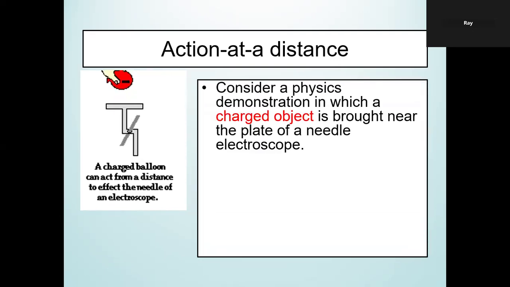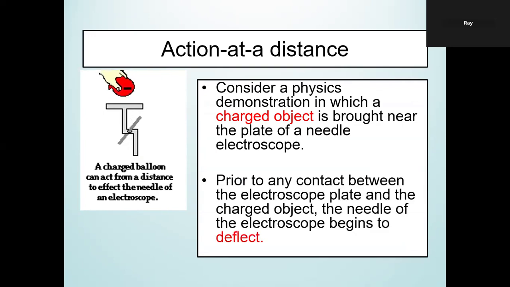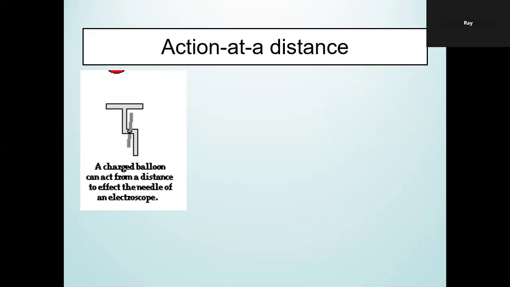Consider a physics demonstration in which a charged object is brought near the plate of a needle electroscope. Prior to any contact between the electroscope plate and the charged object, the needle of the electroscope begins to deflect. Right? They don't have to touch. As you come nearer, the charge is greater, the deflection is greater.